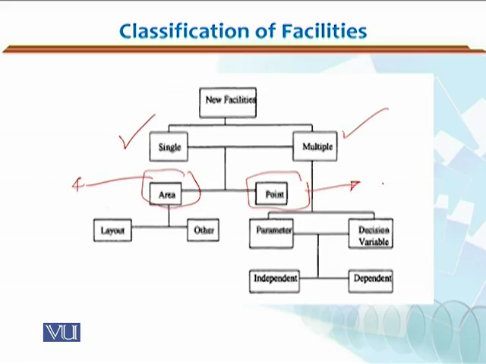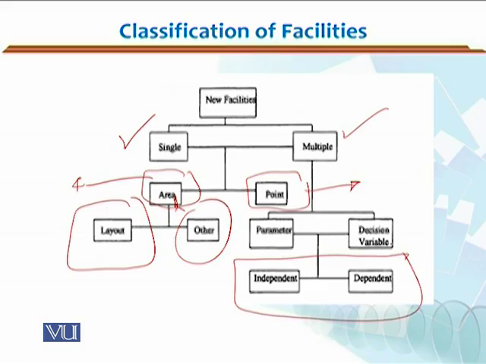So in an area, if you are at the detailed level, you will have the layout of that area available in that detailed level report and the other information about that area as well. Whereas for a point, the parameters would be there. Parameters means the grid values, where it is located, what are the x coordinates, what are the y coordinates, and the decision variables, such as independent and dependent ones, would be given on that point location.